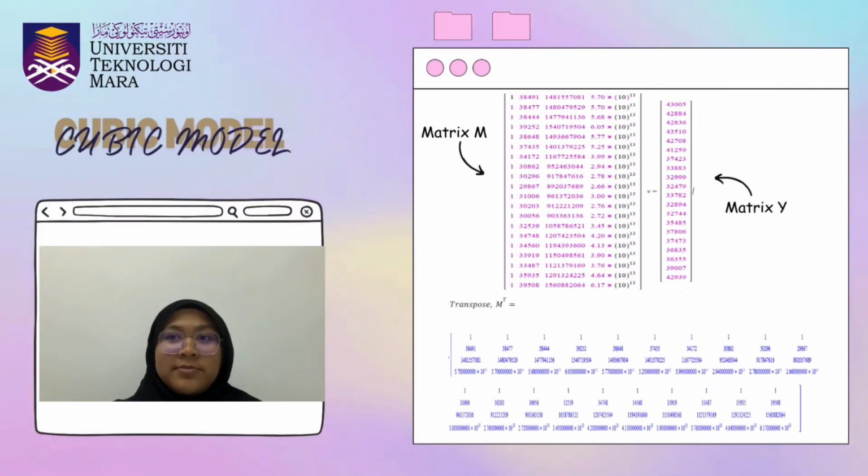We set up the matrix M by using values of the cubic equation just now. It's similar to the linear and quadratic models, but for cubic, matrix M has 4 columns. By using Maple, we find the M transpose and get the value.